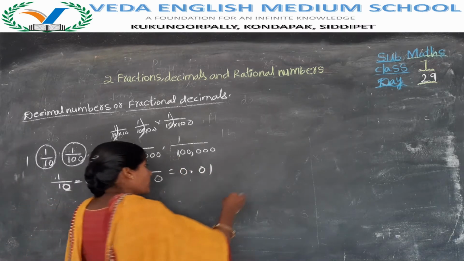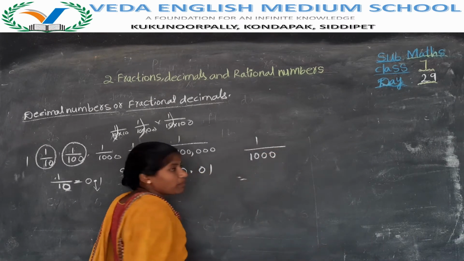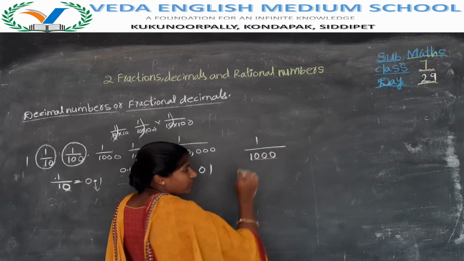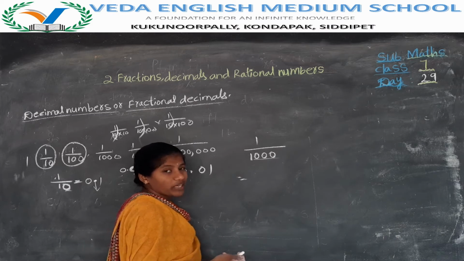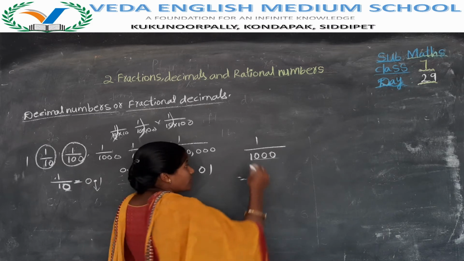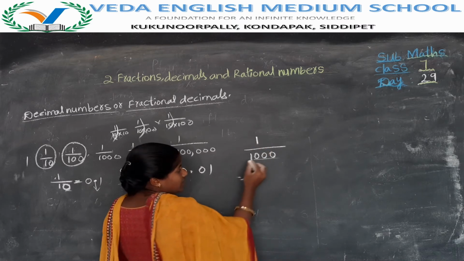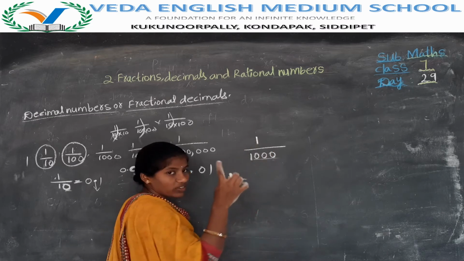At the same time, 1/1000. 1/1000 means here 1, 2, 3. In the denominator we have 3 zeros, but do you have 3 digits in the numerator? No. So how many zeros do we have to write to the left of the 1? Here we have 3 zeros, but here we have only 1 digit.